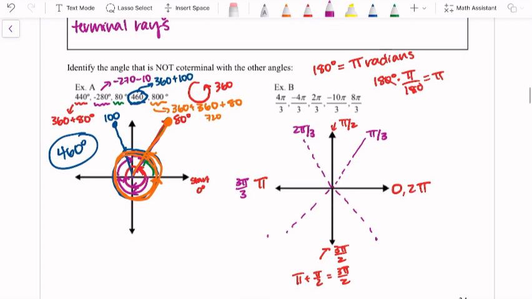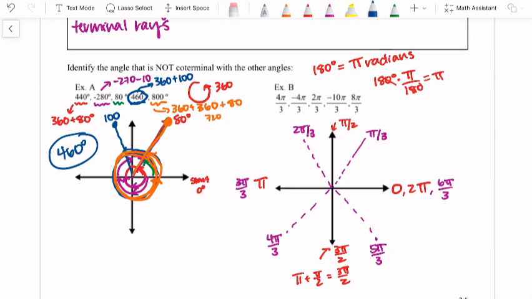We're going to have 4 pi over 3, 5 pi over 3, and then if I add one more pi over 3, that's 6 pi over 3, which is good news for us because that does reduce down to 2 pi. So we have gone through and labeled all of these.